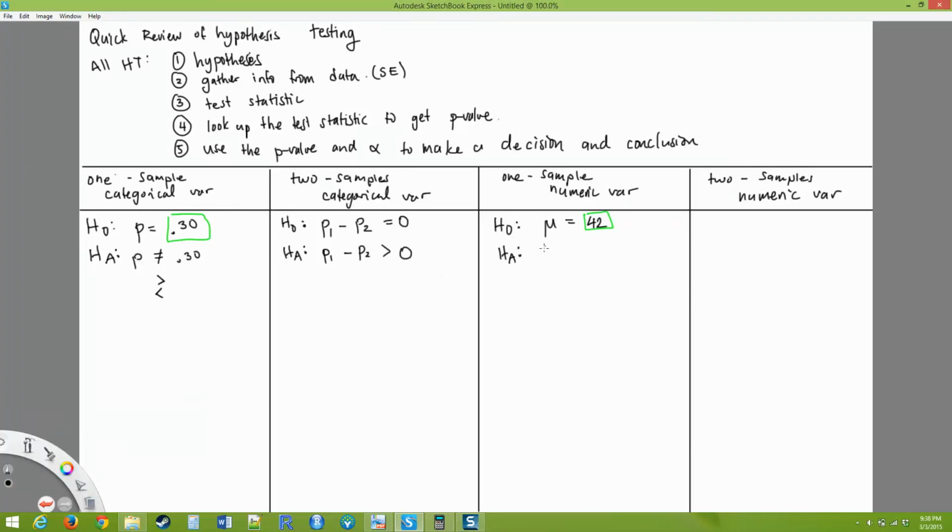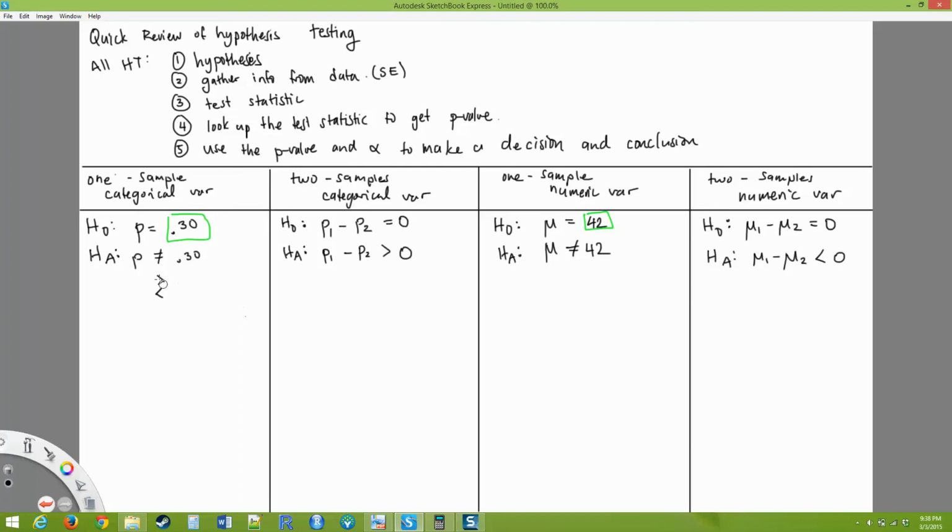And then the alternative is mu something other than 42. And lastly, when we have 2 samples and a numeric variable, we have mu1 and mu2. So mu1 minus mu2 is equal to 0 versus mu1 minus mu2 something else, maybe less than 0.